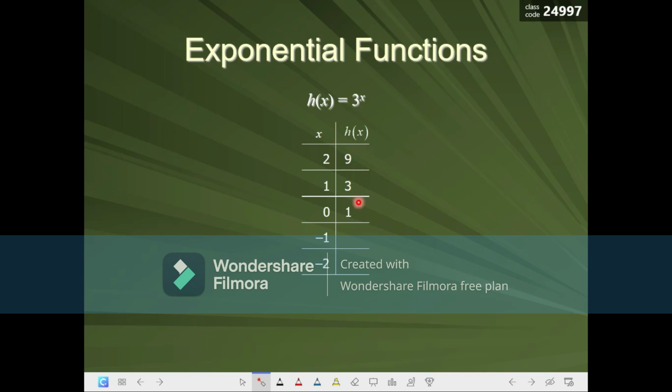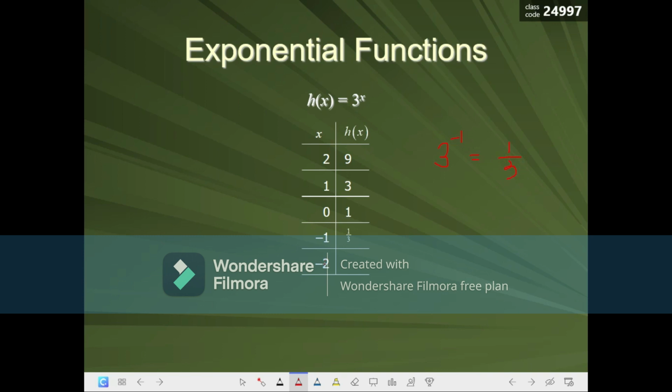Always remember that any number or any variable or any expression raised to the power of 0 is always equal to 1. If x is negative 1, that is 3 to the power of negative 1, our h of x would be 1/3. Okay, for a moment, so you won't get confused again. So if x is negative 1, this becomes 1/3.